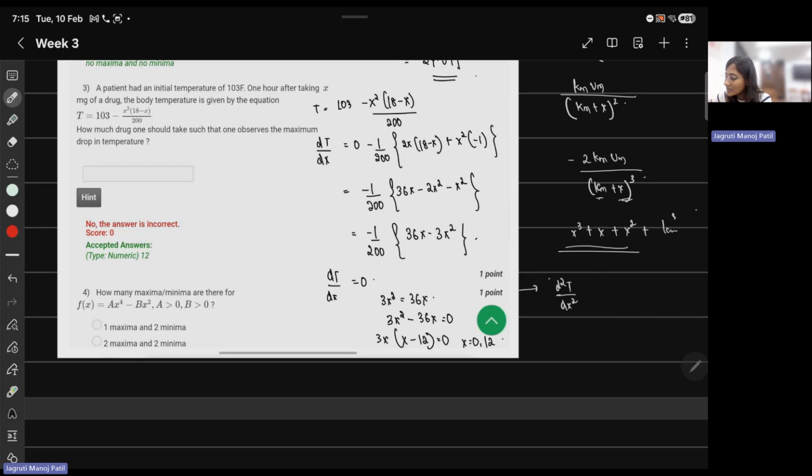Now you have this first term, and I'm doing it for this one. I hope it's visible. So you do it as 6x minus 36 equals 0. So that comes as x minus 6 equals 0, and that gives you x equals 6. So this is positive.